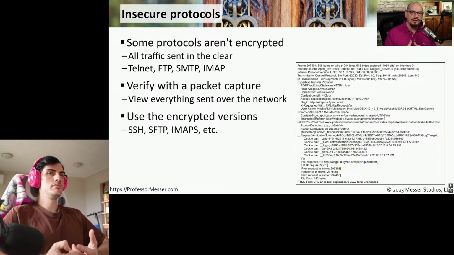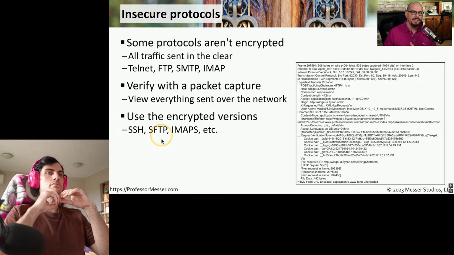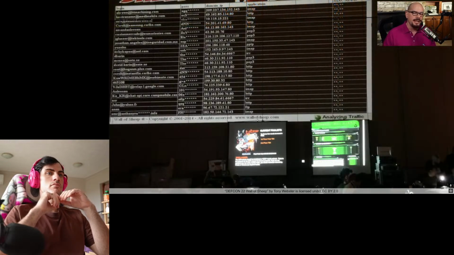This is something that a quick packet capture in Wireshark can easily display in the clear data, and it might prompt you to use more secure protocols such as SSH, SFTP, HTTPS, and others. This is a picture taken at DEF CON 22, which is a security conference.